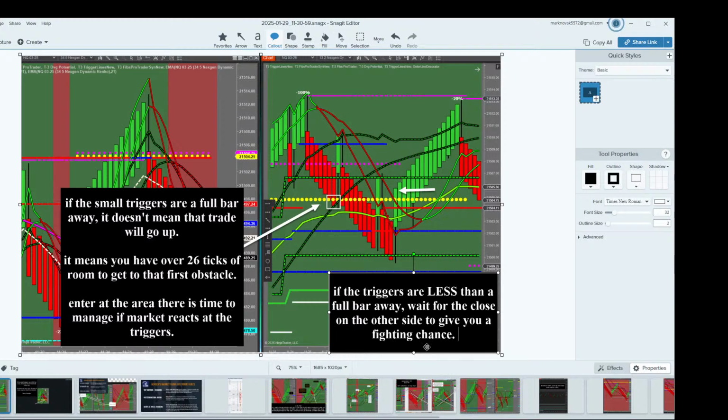I mean, Morgan, this is the perfect picture. I wish you had shown me the whole thing. Because here's your first entry. It has to be managed. And then look at this. You don't get a close on the other side, and it still continues down, right? But once you get the close on the other side with this look, off it goes.